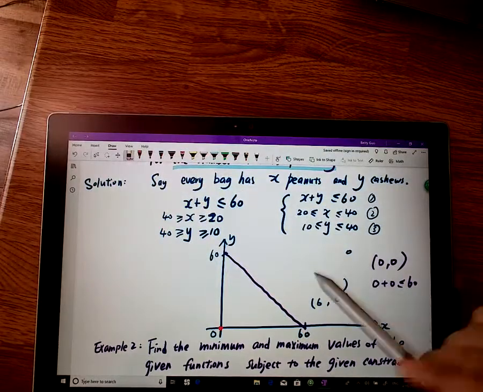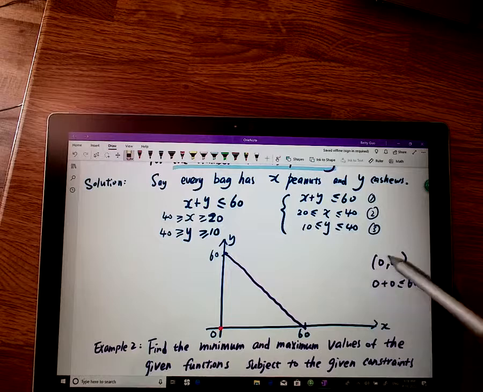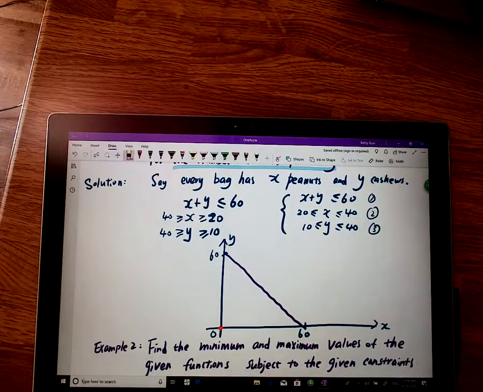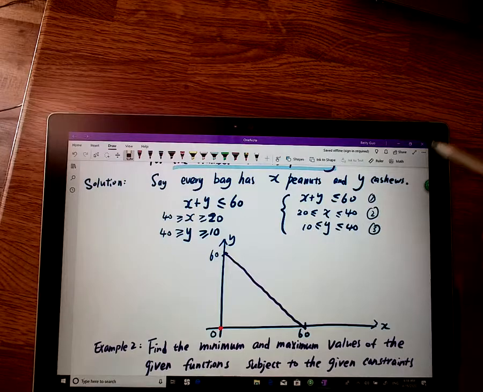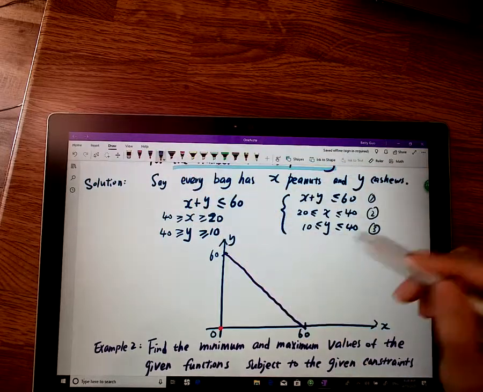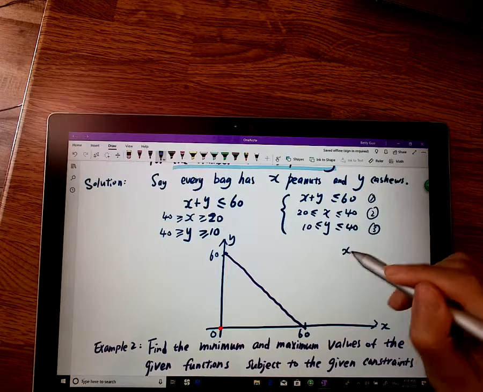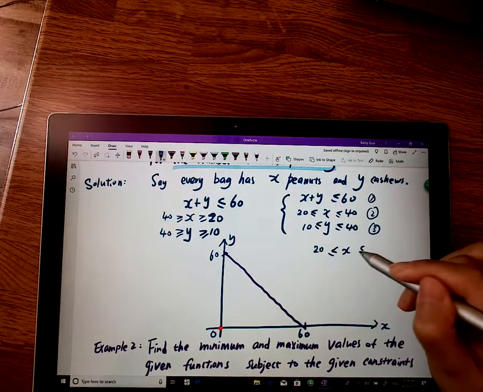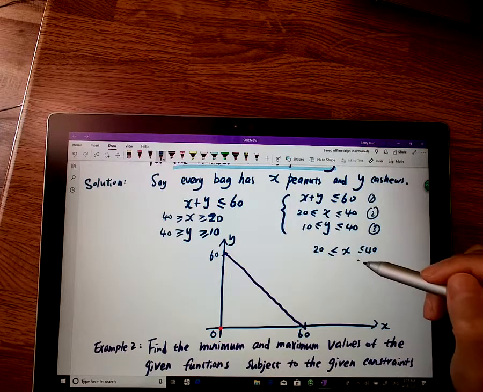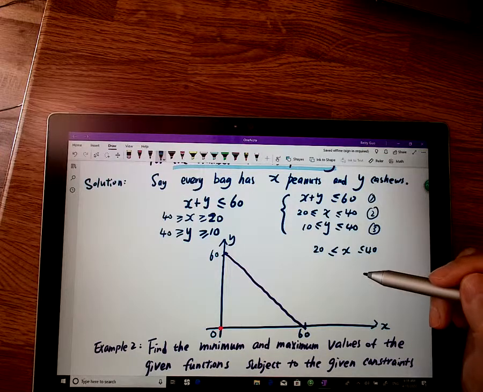Let's move to number 2. Number 2 only has the variable x. That's fine. But number 2 is a compound inequality: x is between 20 and 40. So the solution set of the inequality is going to have 2 boundaries.